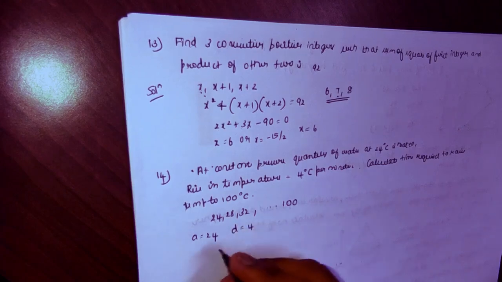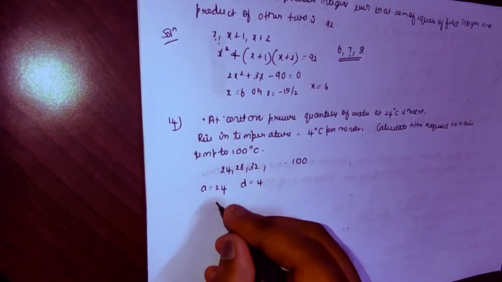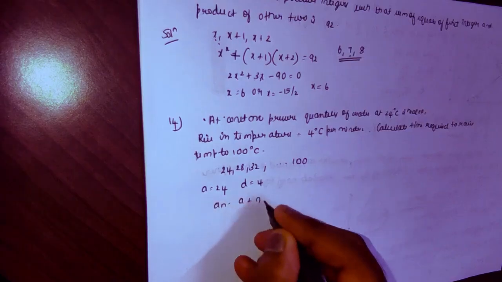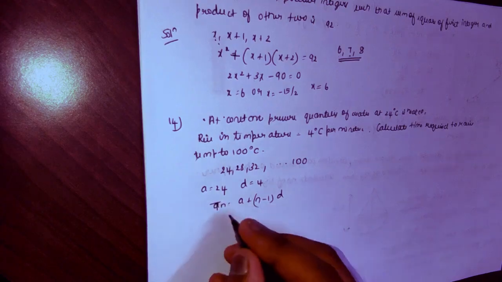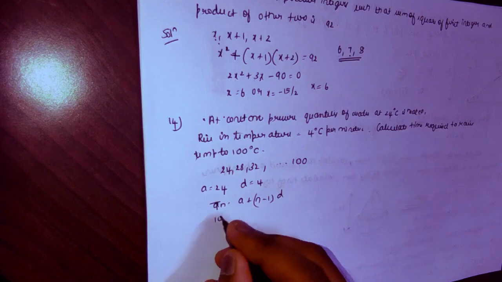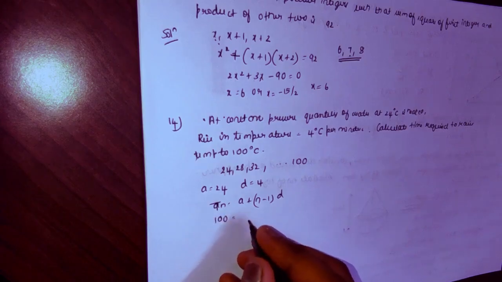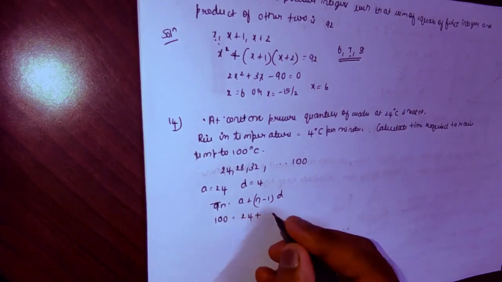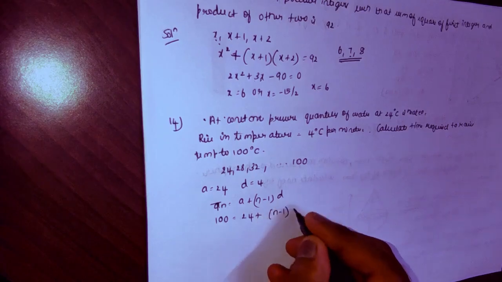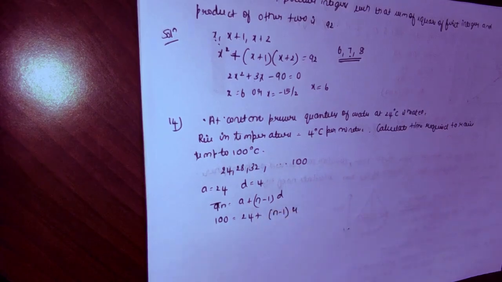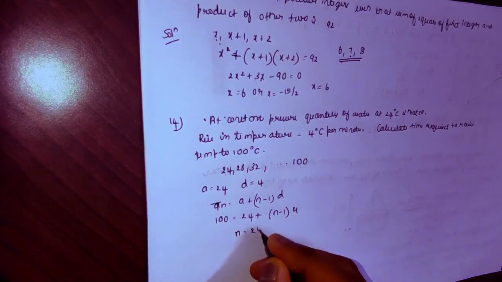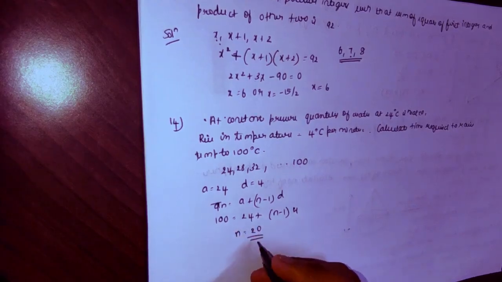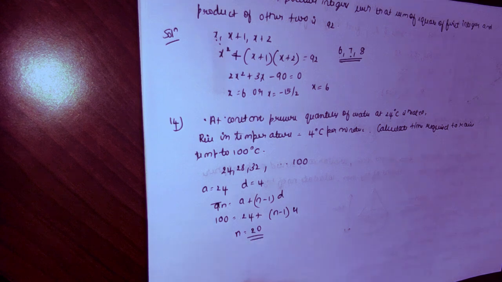We will apply the nth term formula of the arithmetic progression, a plus n minus 1 into d, taking it as T because here the asked quantity is temperature. We substitute Tn as 100, the last value, 24 plus n minus 1 into 4. We will get the value of n is equal to 20. So the time required to raise it is 20 minutes.